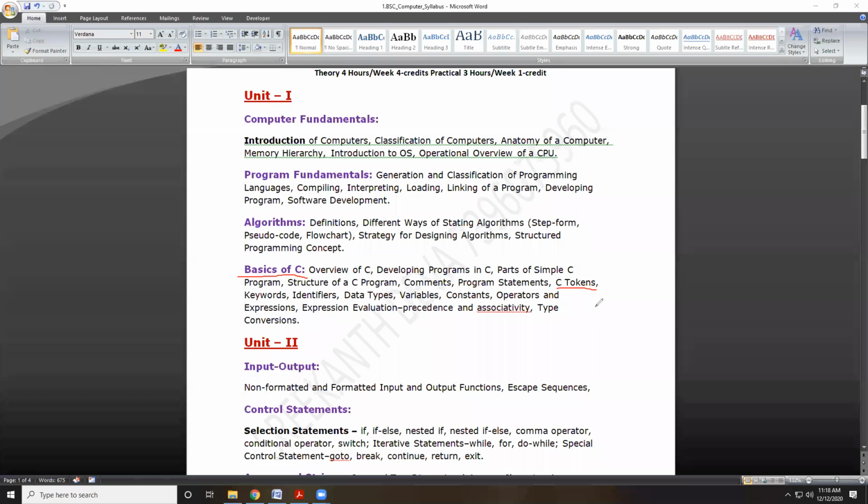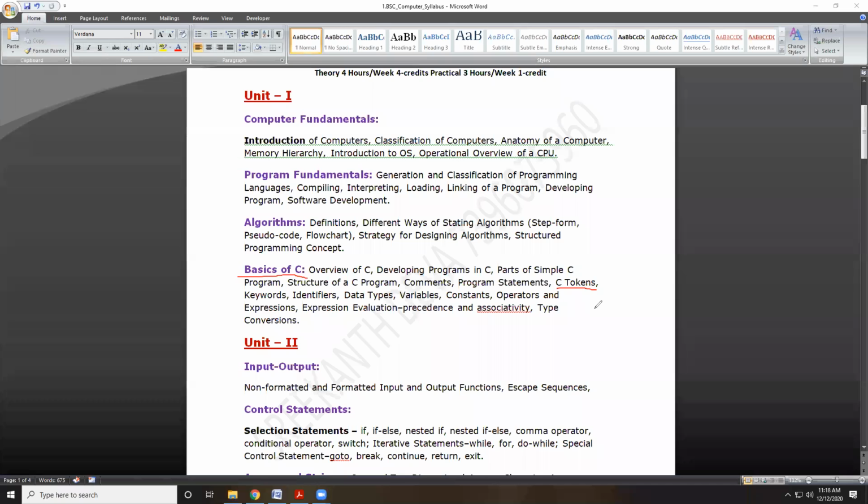There we discuss in detail what identifiers are, what variables are, what keywords are, what data types are, what constants, operators, expressions, and strings are. The overall topics are divided into subparts under a topic called C tokens. We discuss each and every subpart in detail.